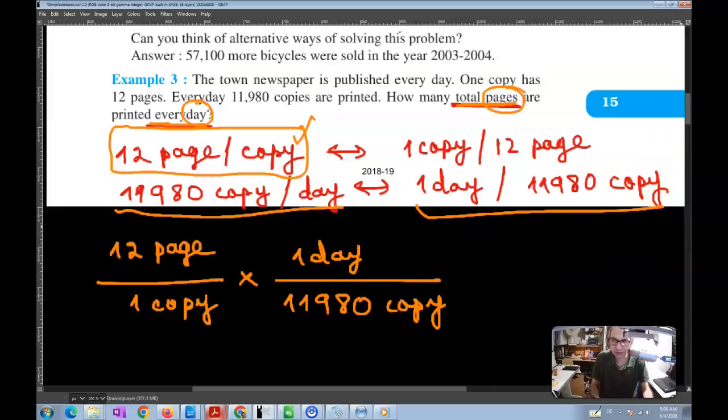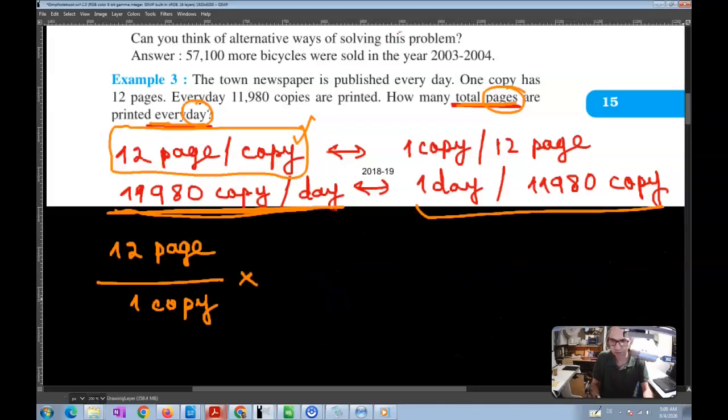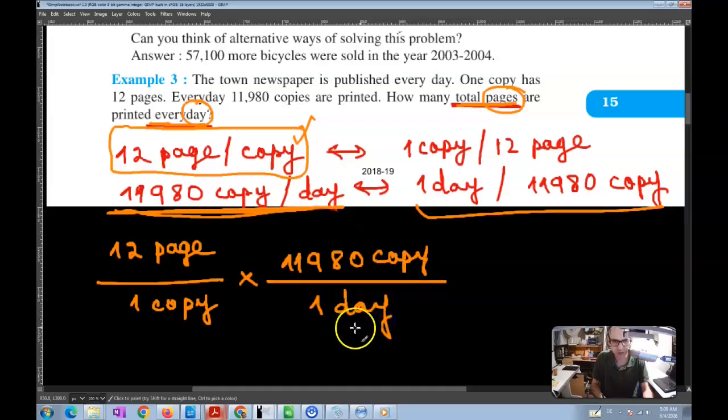Whereas if I had written the same piece of information the other way around, meaning if I had used this first variation over here, then what I would have is 11,980 copies per 1 day, right?